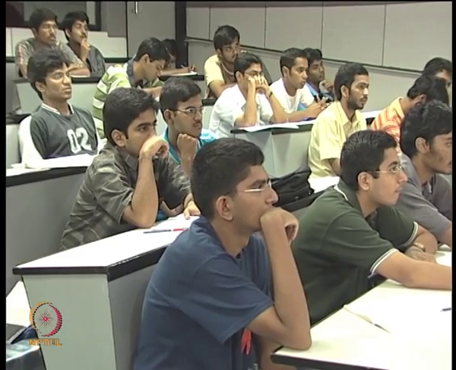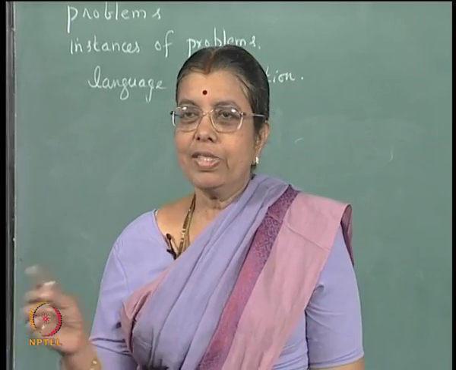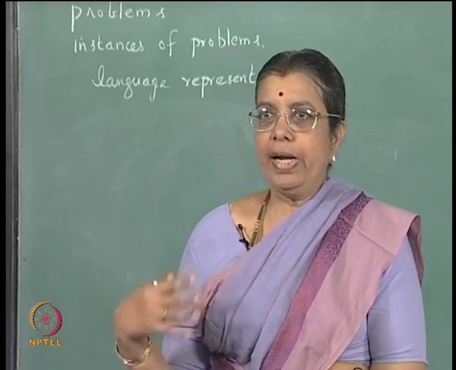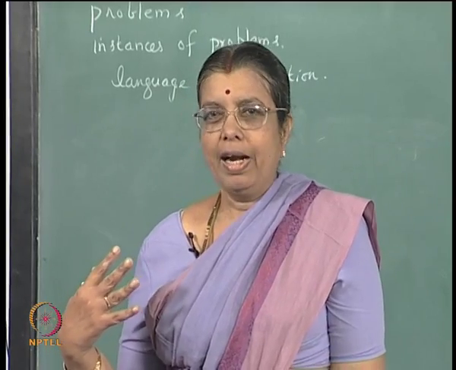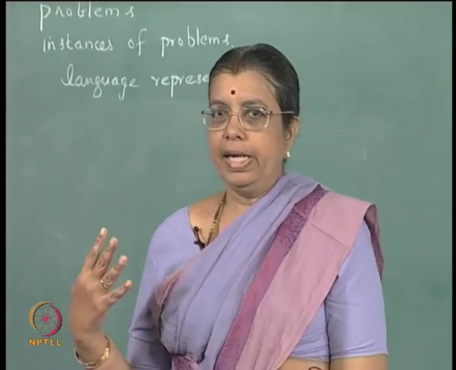If both are existential, you can change them, but if one is universal and one is existential, you cannot interchange. So, some expressions like that you can say are valid expressions. Is there a way of finding out whether a first order logic expression is valid or not? A lot of work has gone in that direction.